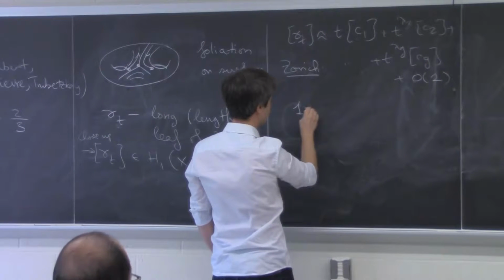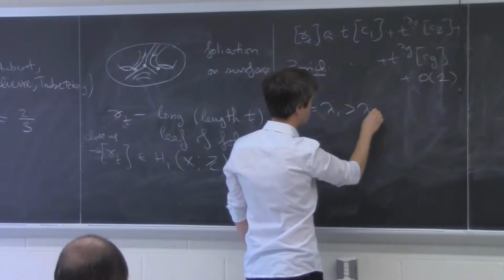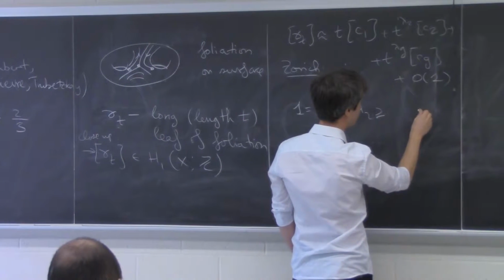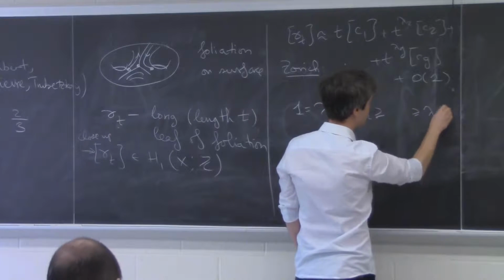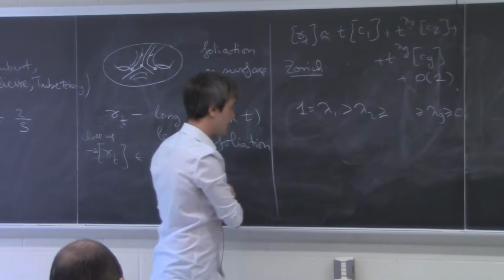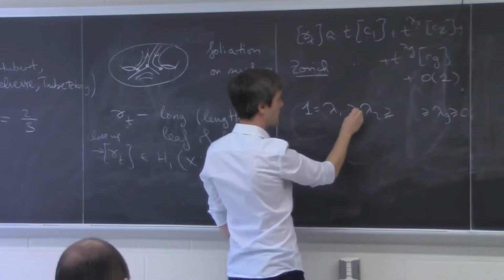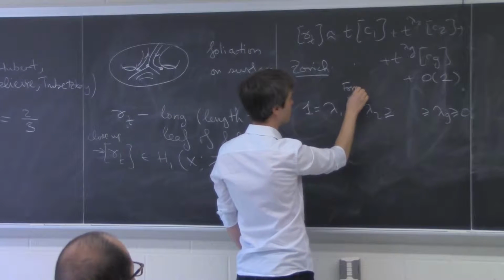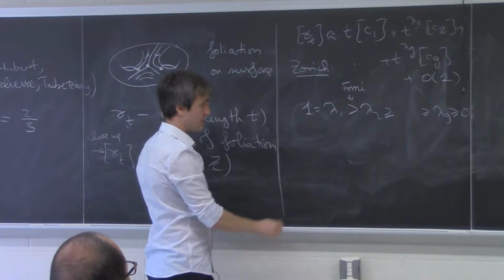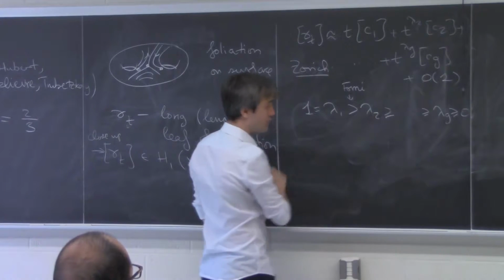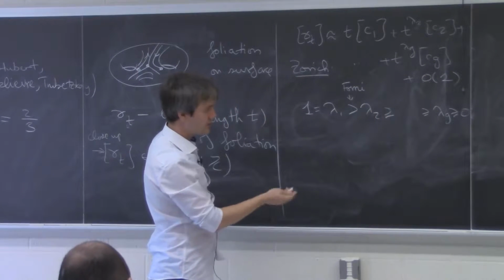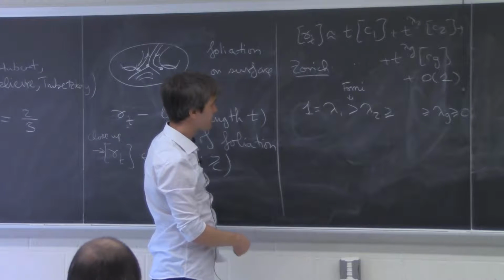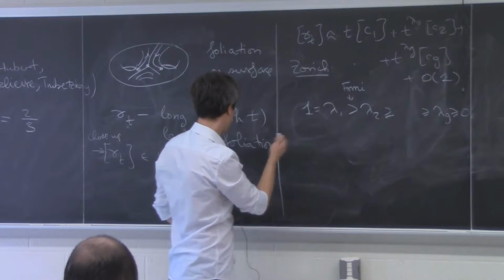So you have these numbers 1, lambda 2, up to lambda g. The fact that here you have a strict inequality sign is a theorem of Forni. But the next exponents could a priori be equal. In fact, in the general case, it's known that they're not.